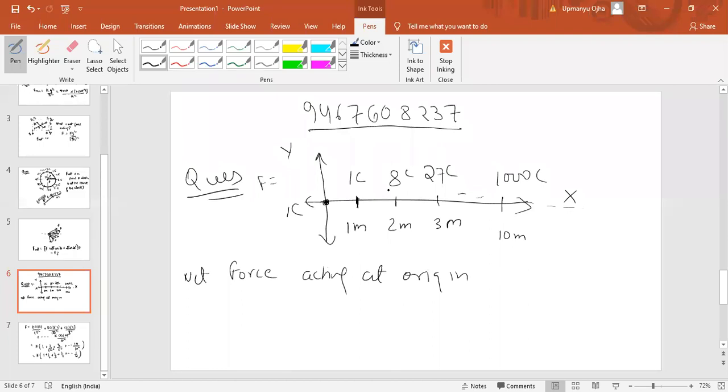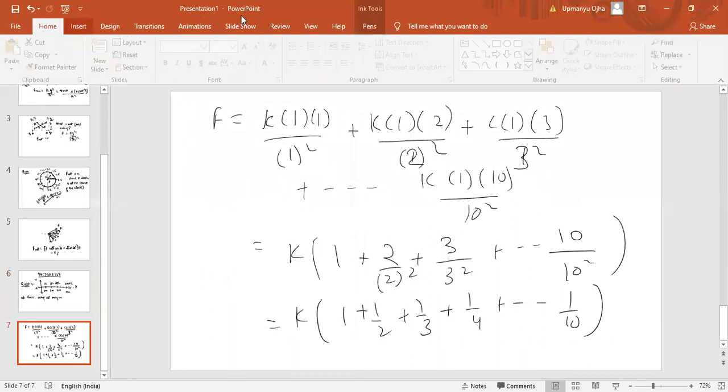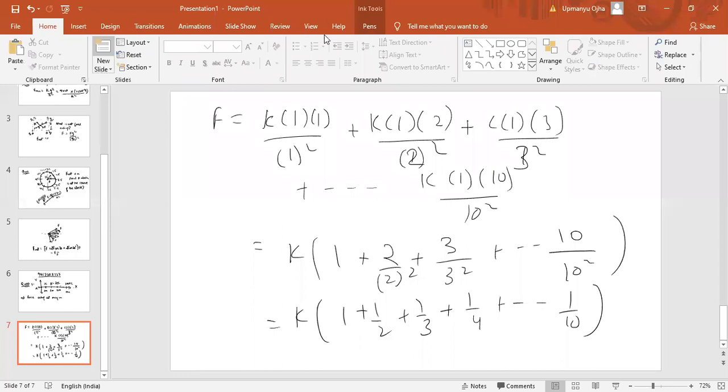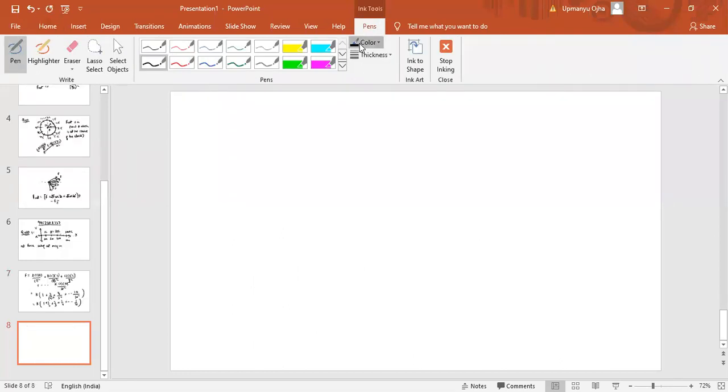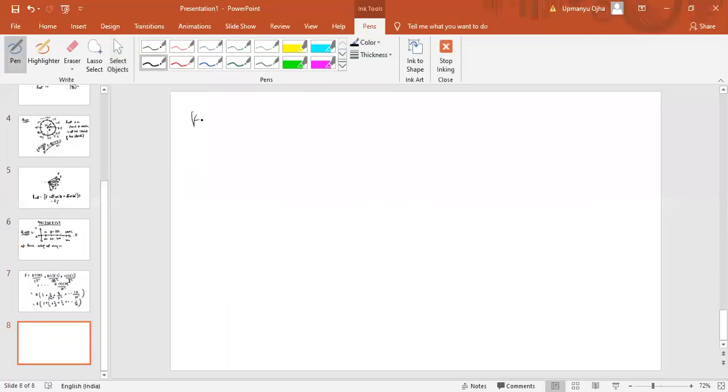The method is same. So let us solve this problem now. The net force F net due to the first charge would be equal to k into 1 into 1 by 1 square.